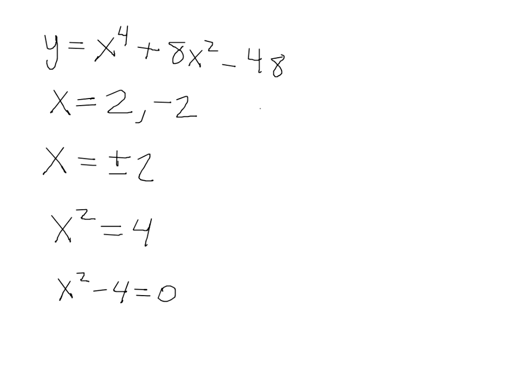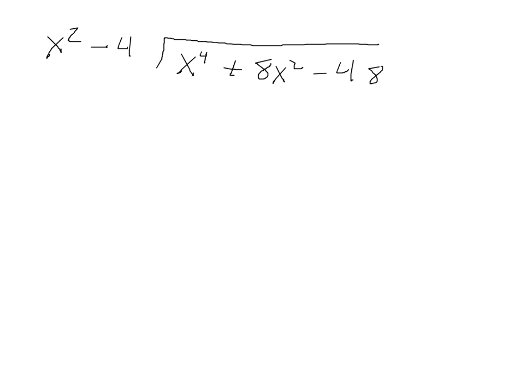Okay, and then I can take this x squared minus 4 and divide it into x to the 4th plus 8x squared minus 48.